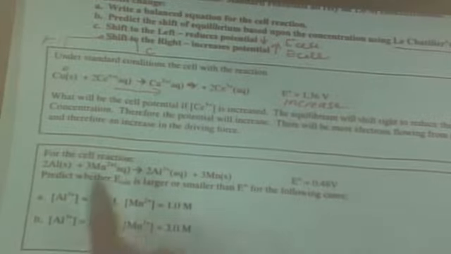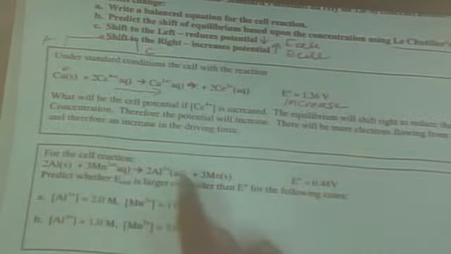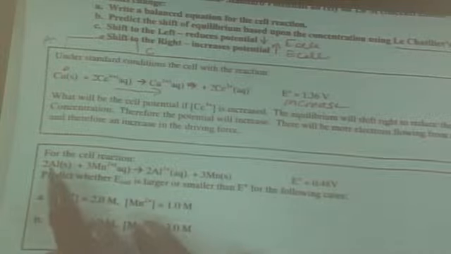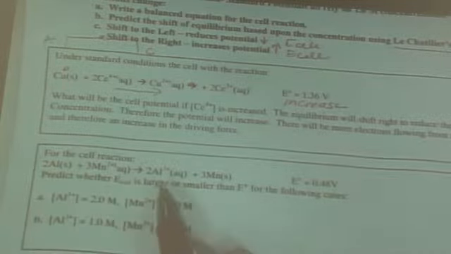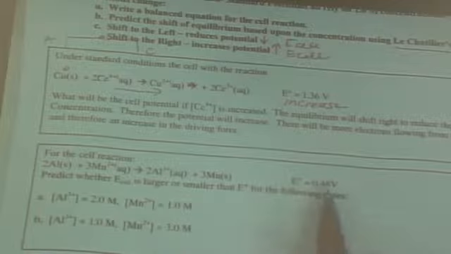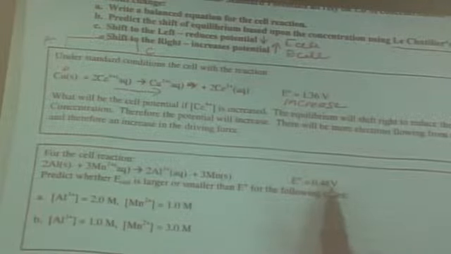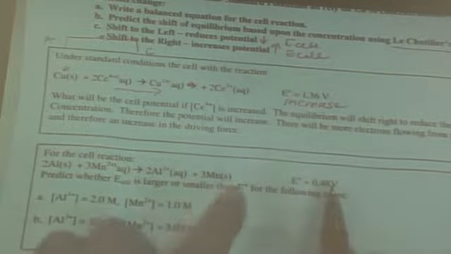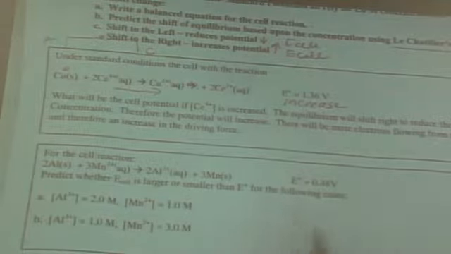Now, let's look at this one. For this reaction, we have a cell potential at standard conditions of 48 volts. Predict whether E cell is larger or smaller than at standard conditions.